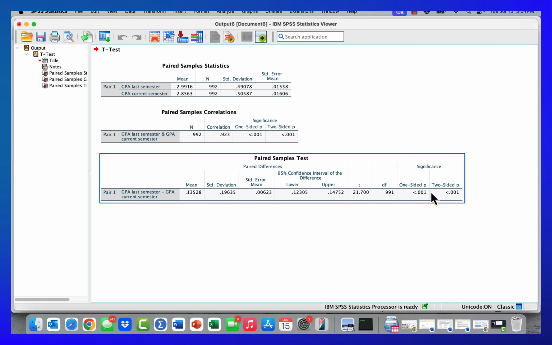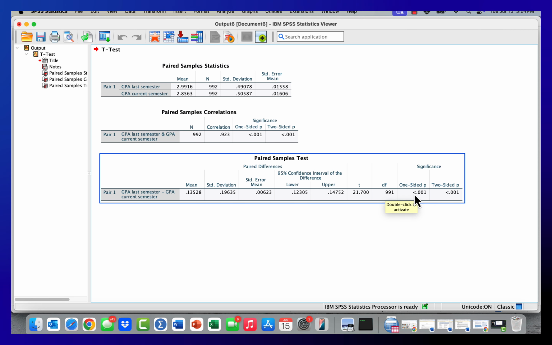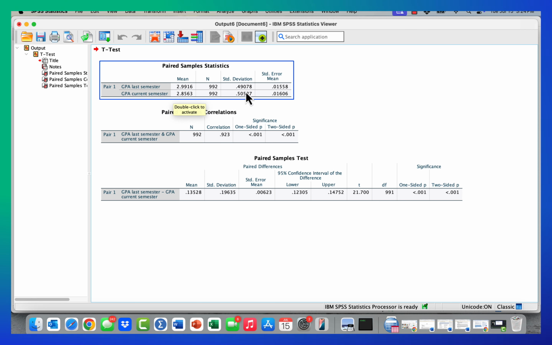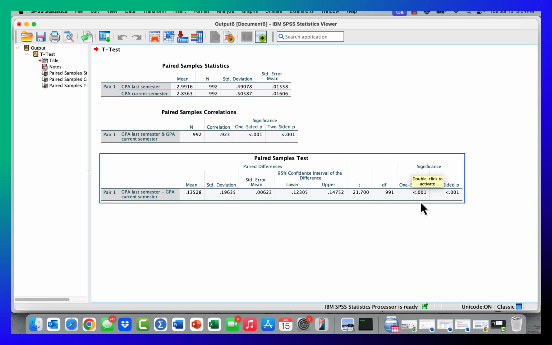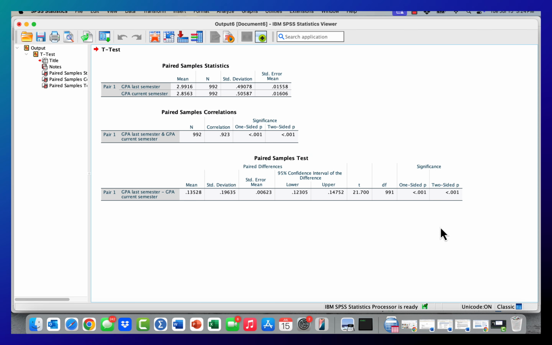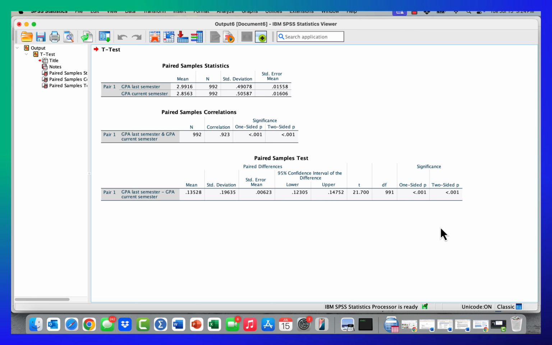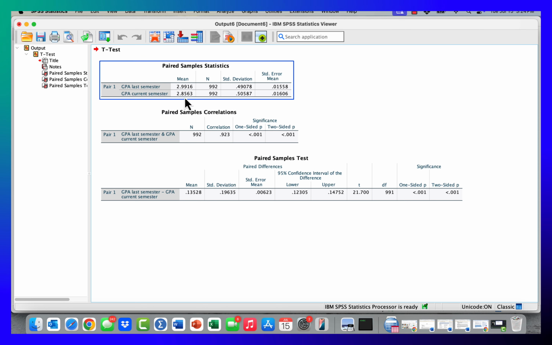But SPSS is also reporting that for this number of degrees of freedom, this is a statistically significant difference because our p-value is less than 0.001, which says we can say with 99.9% level of confidence that we can reject our null hypothesis and conclude that there is a statistically significant difference between these two means.